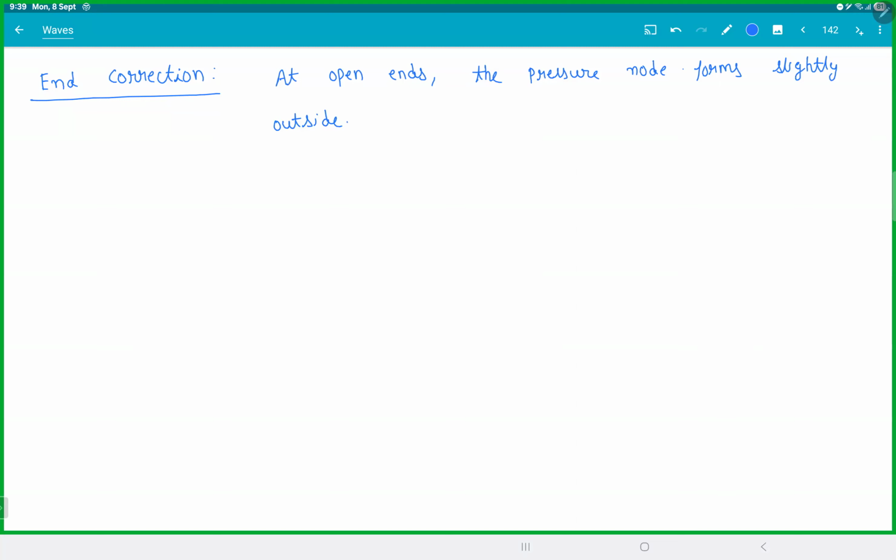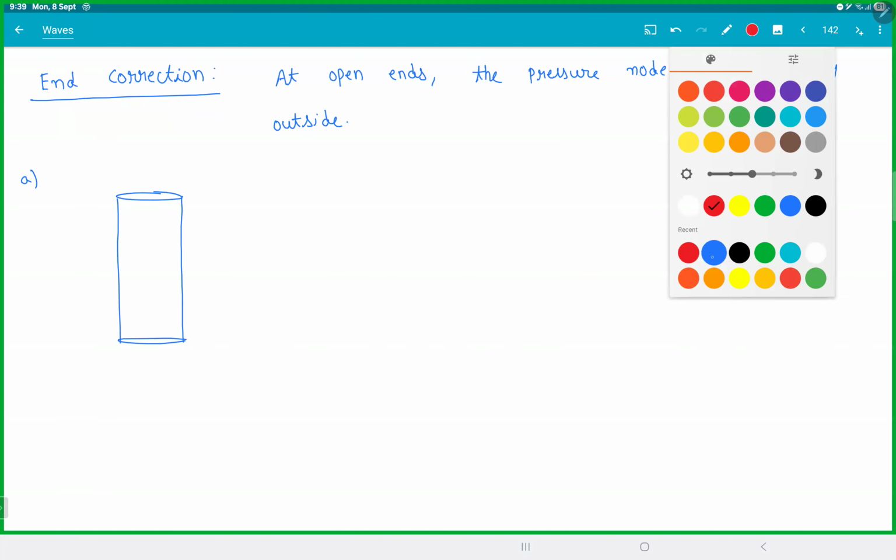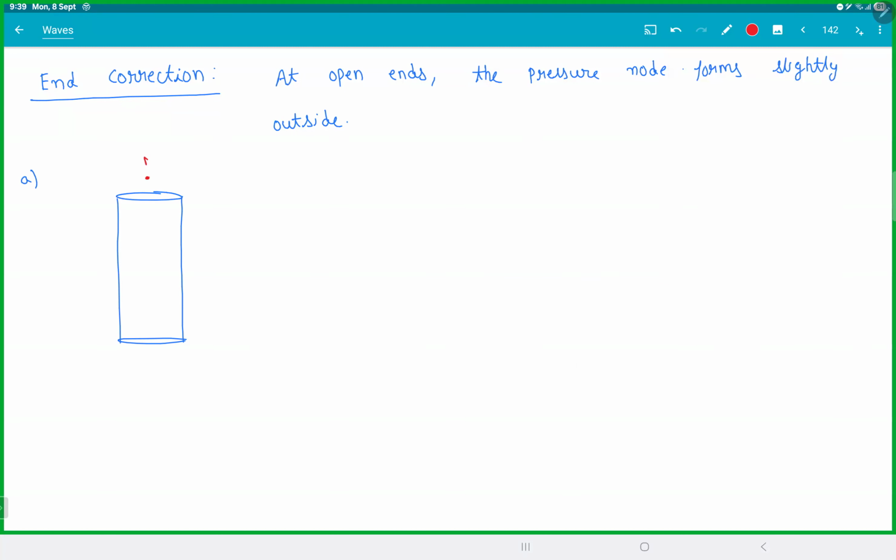So it's not much. So this is how the equation will become. The node will be somewhere here. This is given by E, which is end correction, and this is your length L. So basically, in place of L, you have to replace it with the E value there.